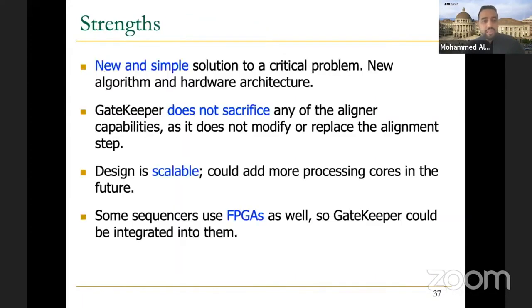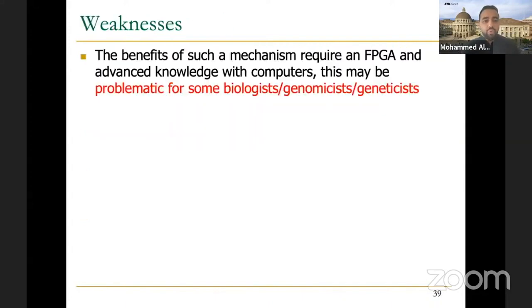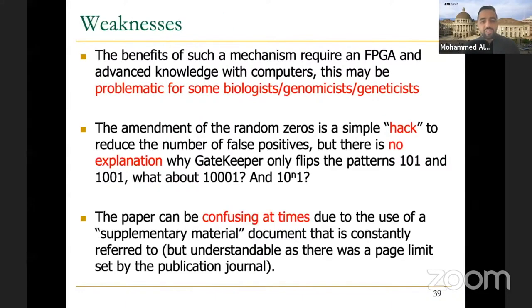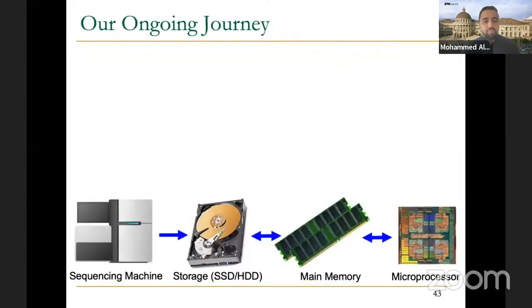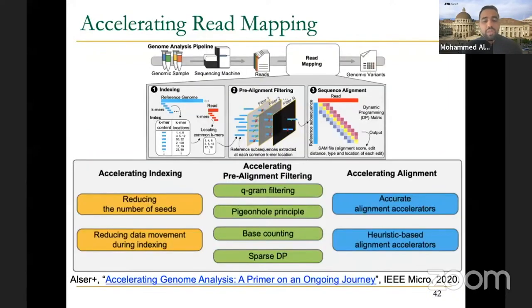As for the strengths and weaknesses, I will leave it to you to go through the slides and try to figure out the strengths and weaknesses. I would like to mention something very important. So these are the papers I mentioned when I started the lecture about accelerating genome analysis. Here we have not only pre-alignment filtering, but list all the works on indexing, seeding, pre-alignment filtering, and sequence alignment.